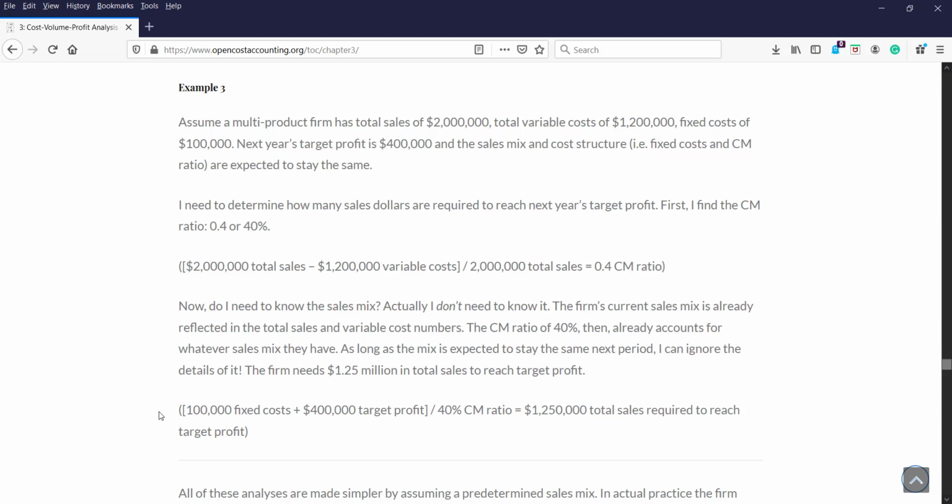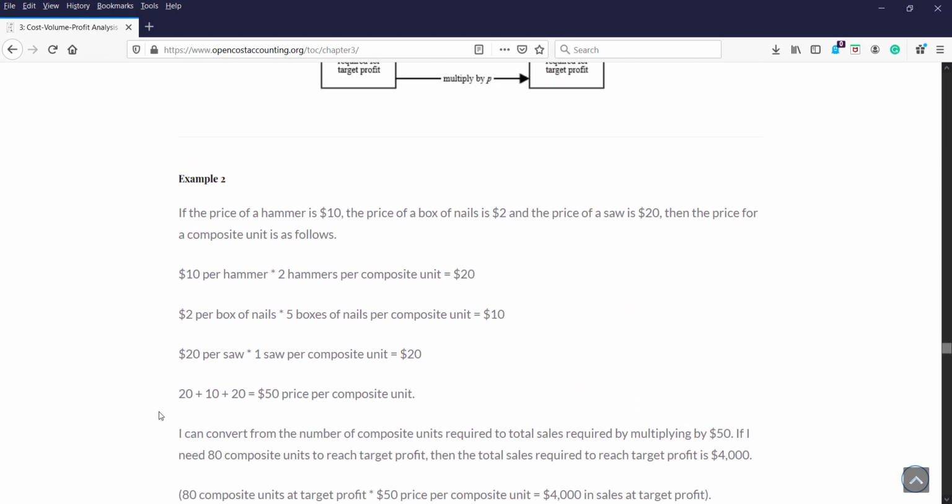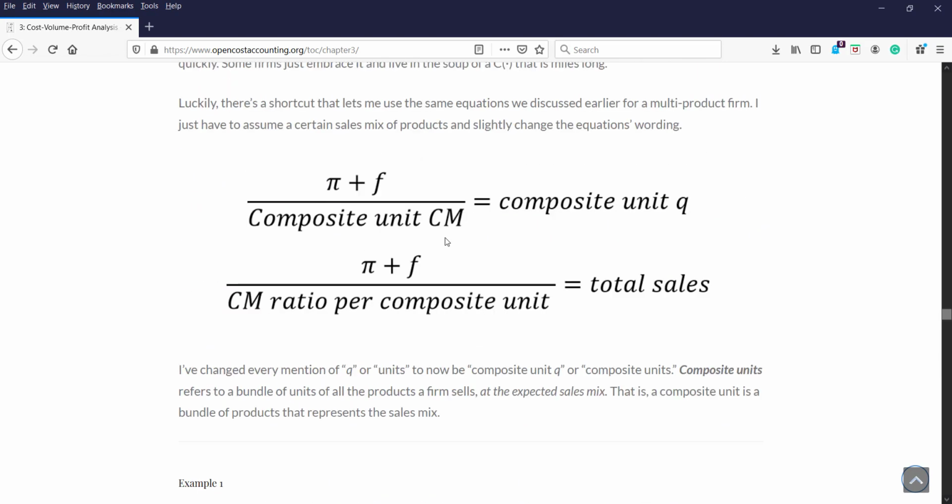We just sailed right over the sales mix question. Saved us a lot of building composite units, converting our unit CM into composite units, and then reconstituting individual product lines out of the composite unit quantity that we get here. We just sailed right over top of it.